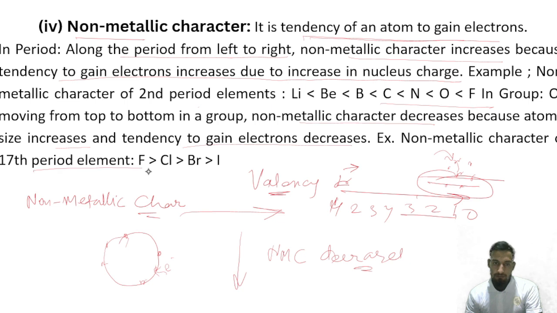For example, fluorine is more non-metallic than chlorine, bromine and iodine. So we say non-metallic character decreases on moving down the group.